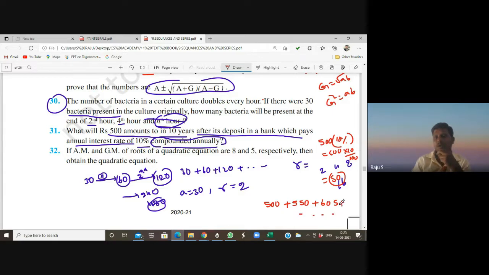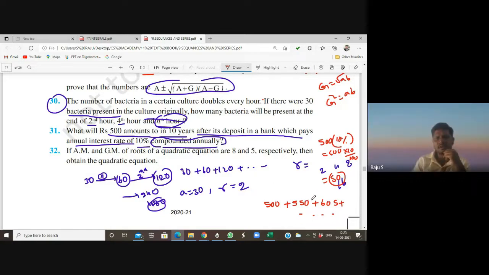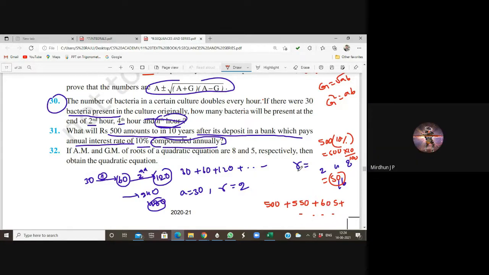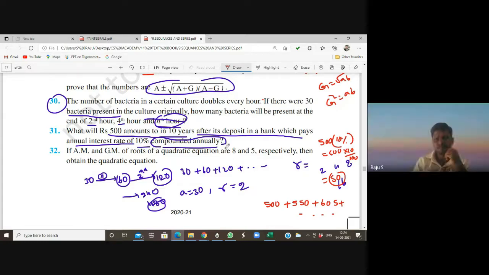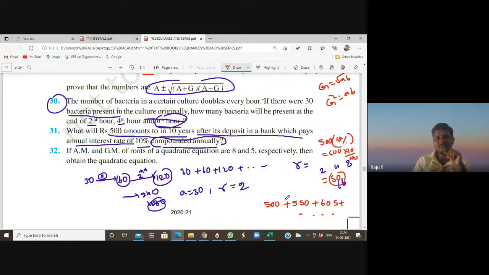Generally we don't want to write all this. So this is clearly a GP. Then what is the common ratio? 1.1. Sir, if it were simple interest, it would be 500, 550, 600, 650 and that is AP. Yes, but we are doing a GP exercise.